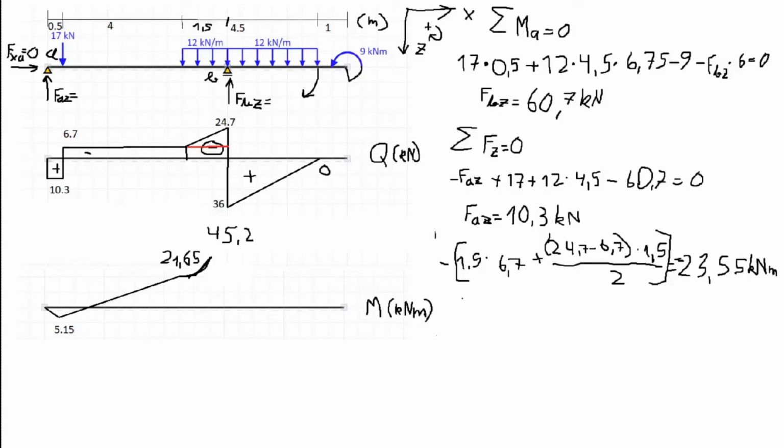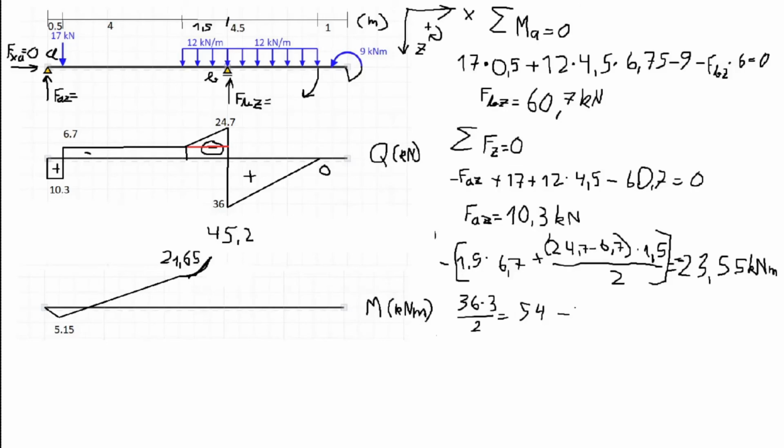Now the final area, we have this huge triangle which has the height of 36 kilonewtons, a base of 3 meters, and we'll divide this by 2, which will give us an area of 54 kilonewton meters.